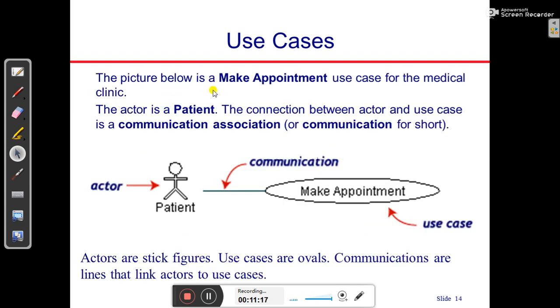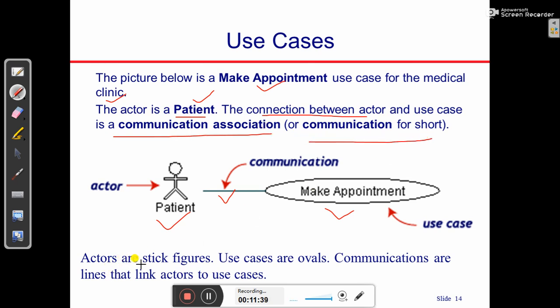The picture below is a make appointment use case for the medical clinic. The actor is the patient. This is the communication. This is the use case. The connection between the actor and the use case is a communication association, or communication for short. Actors are stick figures.